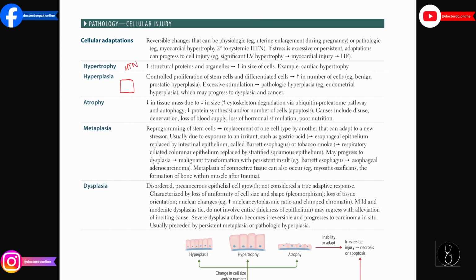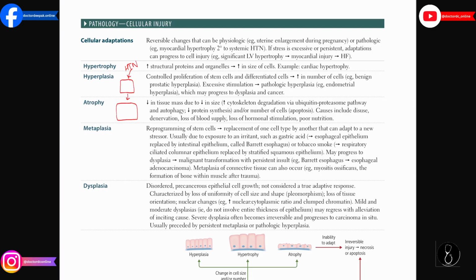Hypertension is a kind of stress. When the stress is exerted on the left ventricle, the left ventricular cell size is increased. So you have to keep in mind, hypertrophy simply means an increase in stress that can lead to an increase in organ size. It is called hypertrophy.